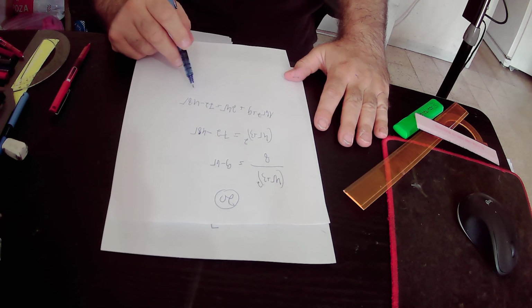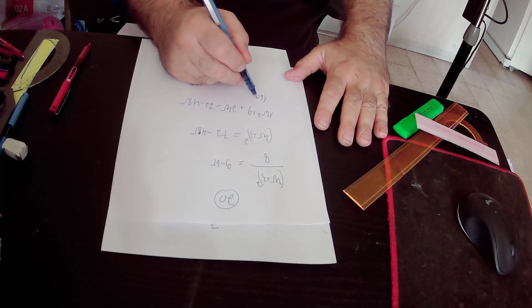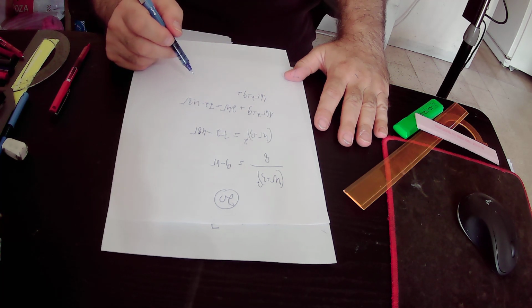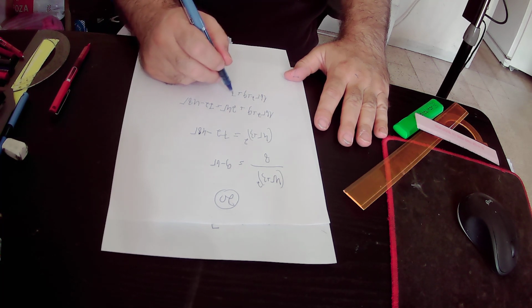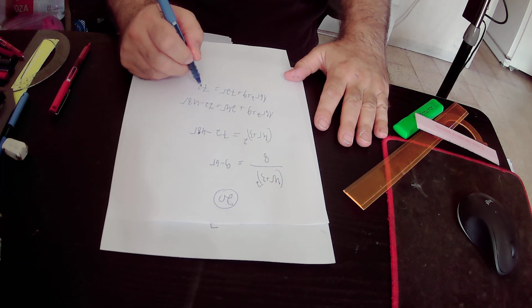Here we will add 48r to this equality and we will get that 16r squared plus 9 plus 24r plus 48r, which is 72r, equals 72.